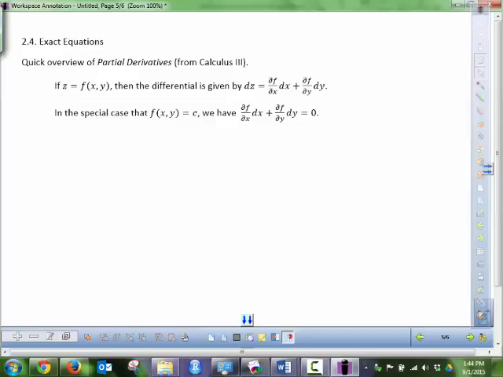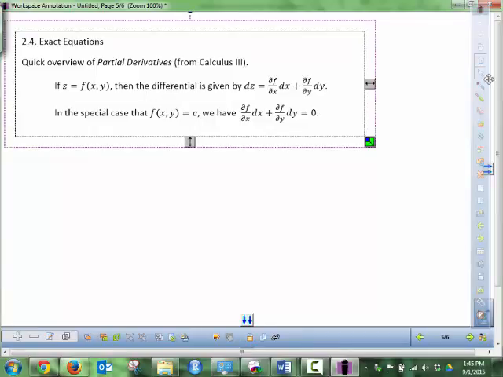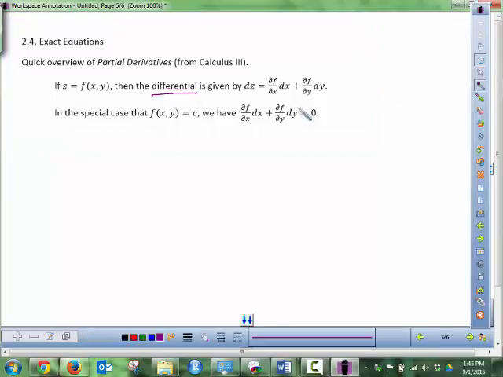And that's assuming that you have a function of two variables, like f of x, y here in this case. So what we have here is it's called a differential.